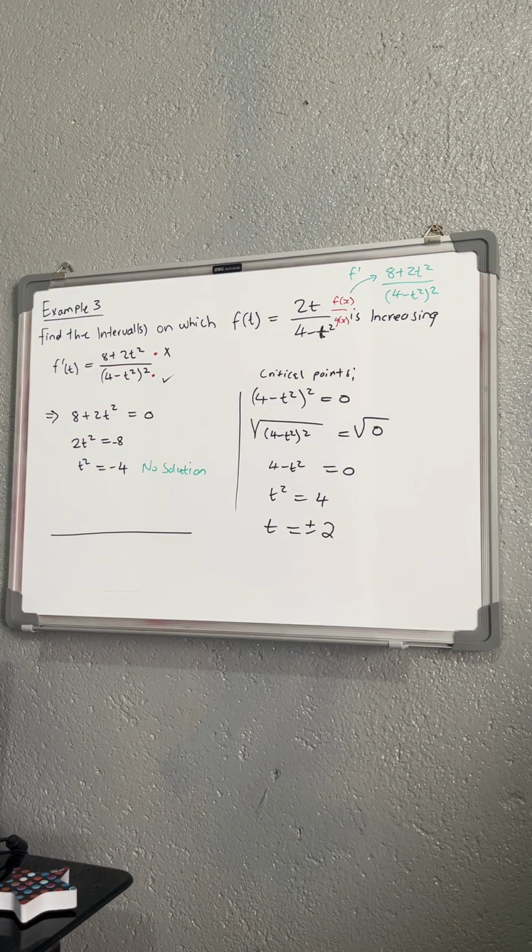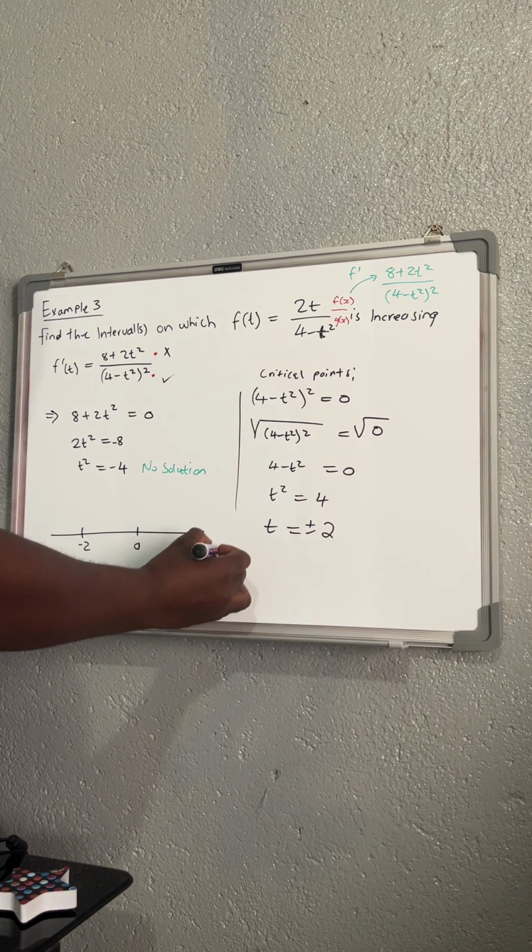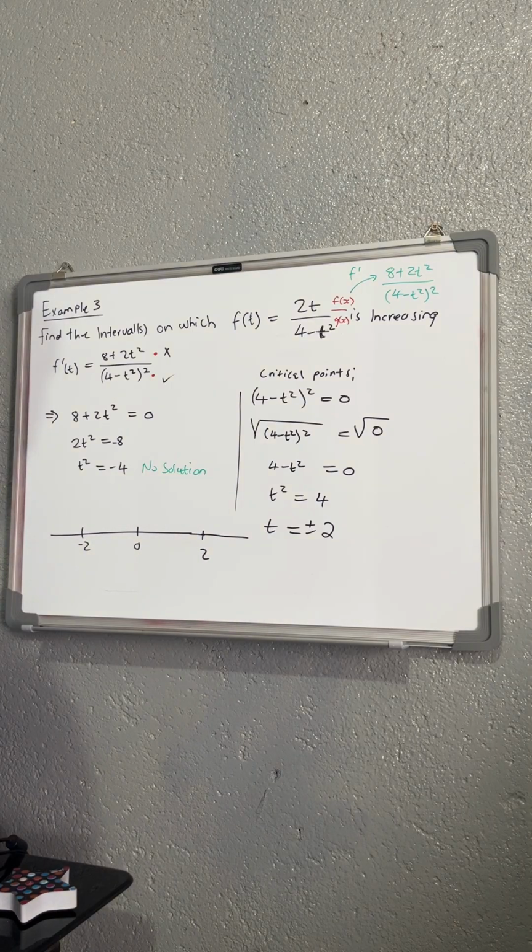So you go to your number line, and you're going to check -2, 0, and 2. You check these regions here.